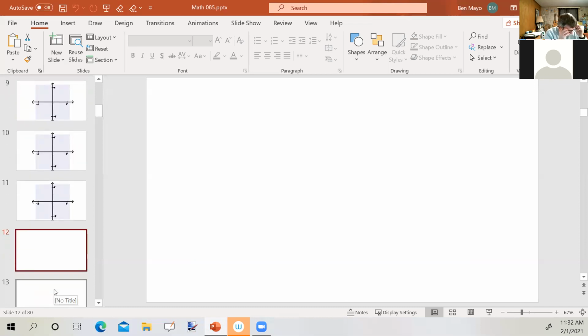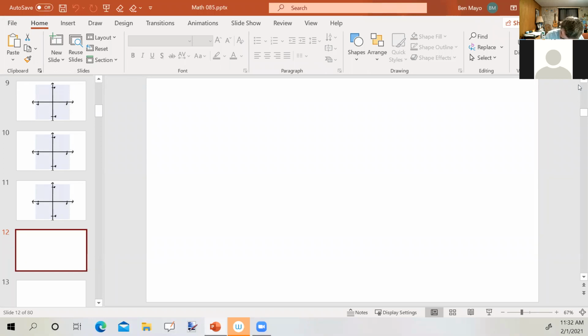We started to talk about domain and range on Friday, and I want to expand on the idea of domain a little bit more. I want to start out with this situation.